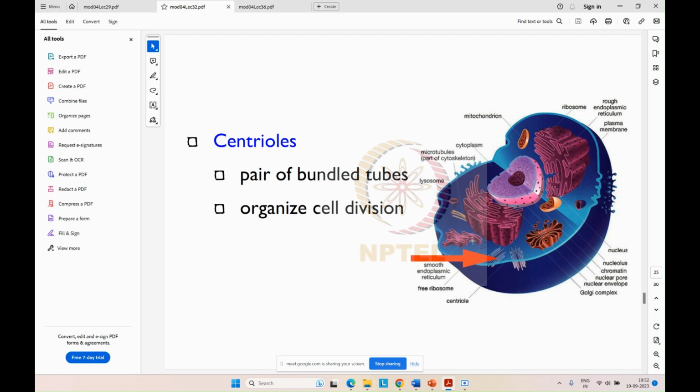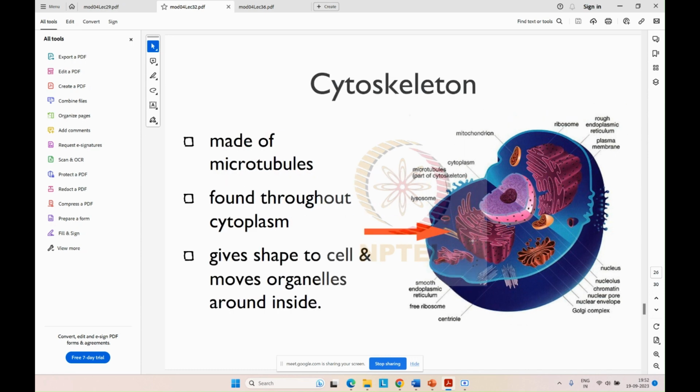They are also responsible for division of the cell, when the cell is ready for dividing, when it goes through a certain cycle of division.